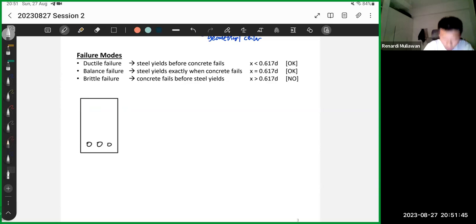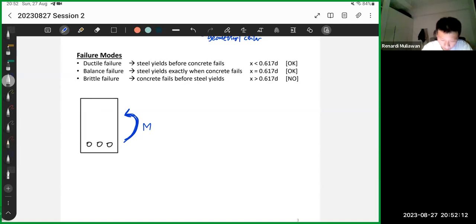I'll do only the bottom reinforcement, the tension steel only. So let's say again you bend it. I'll draw the moment first. So let's say this is your moment, this is your M. The top part gets compressed, bottom part gets tensile.